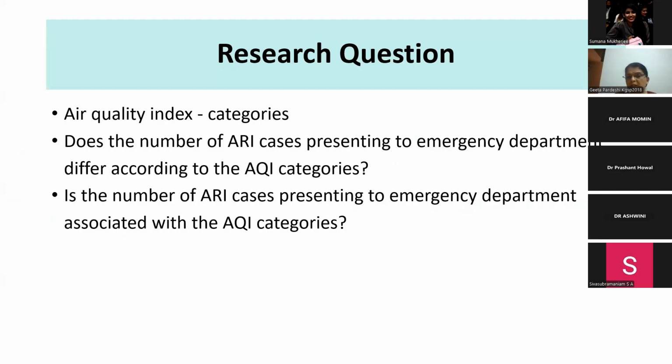So the question becomes, does the number of ARI cases presenting to the emergency department differ according to AQI categories, or is the number of ARI cases presenting to the emergency department associated with AQI categories? So your research question can have different wordings, and you can refine it until you are satisfied with it, because that is the crux of your research.